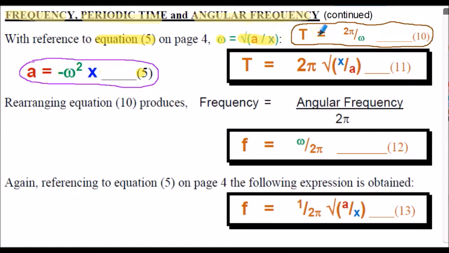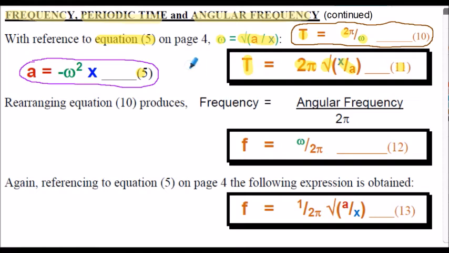And knowing that equation 10, periodic time, is 2 pi upon omega, we could replace the omega with the square root of a divided by x. So it would be 2 pi upon the square root of a divided by x, or we could write that as T is equal to 2 pi the square root of x divided by a, equation 11.